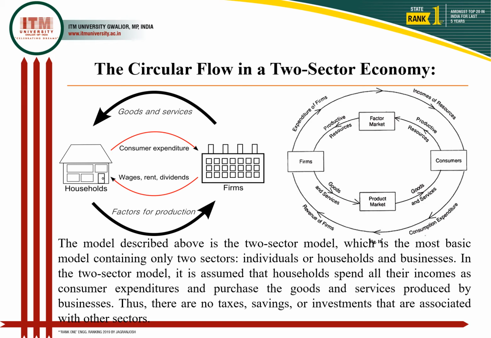In other words, it is also the nominal flow, so it only involves the exchange of money, right? So there are two different cycles that happen here: the flow of goods and services and the flow of money. One is the real flow while the other is the nominal flow or money flow, right?